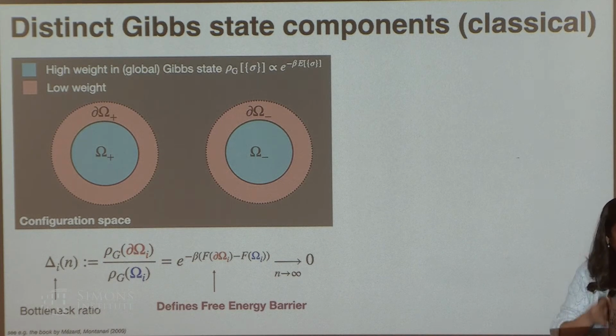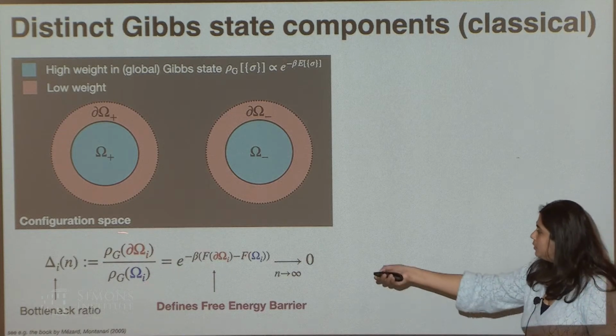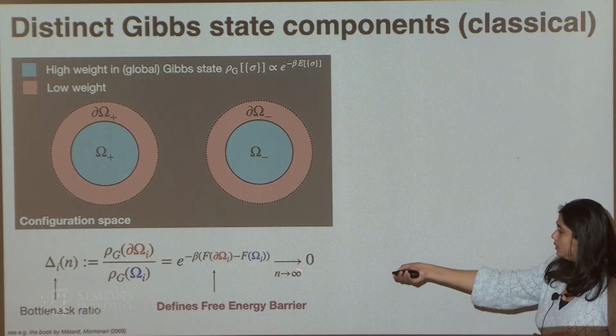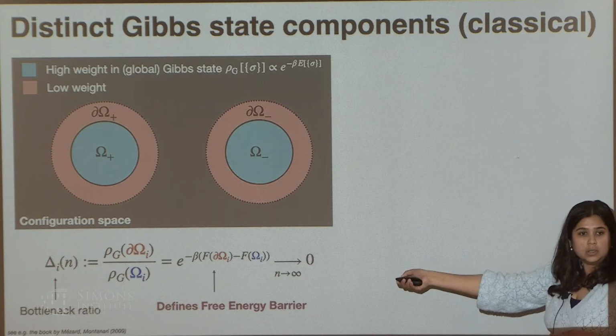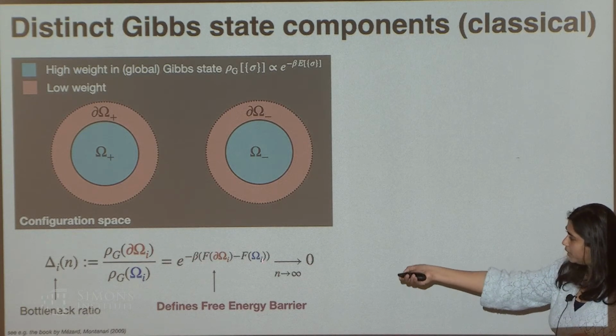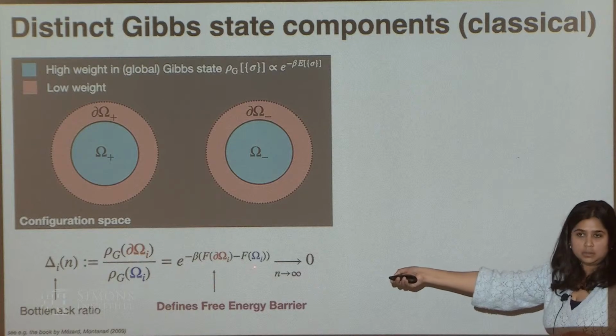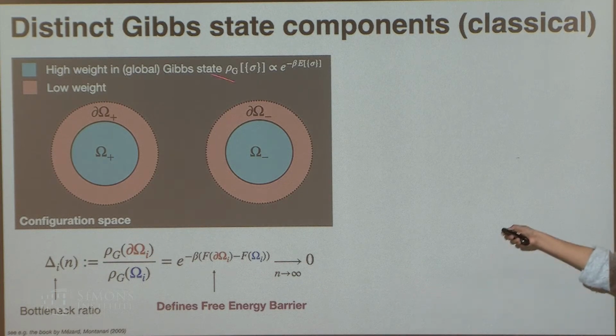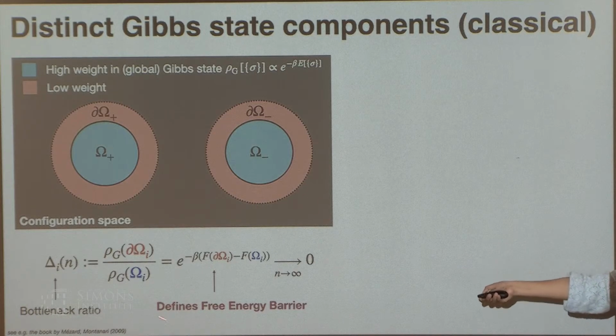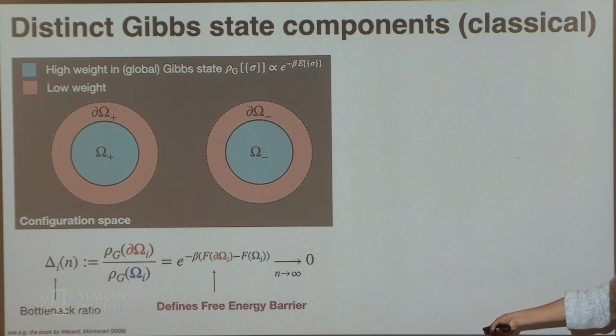And when I have a bottleneck, I want this ratio to go to 0 in the system size n going to infinity limit, which means that this difference in free energy has to diverge with n as n goes to infinity. So this is quantifying for you, using this perspective very directly, what it means to have a free energy barrier in the system.